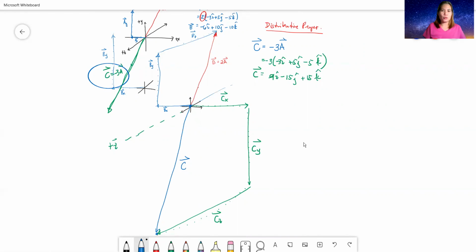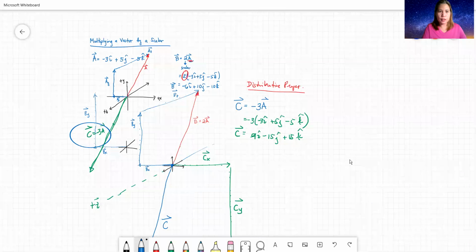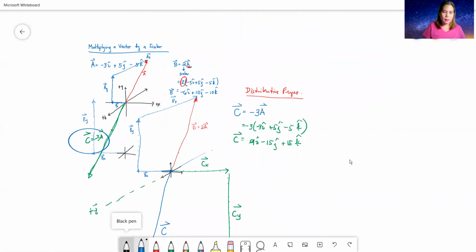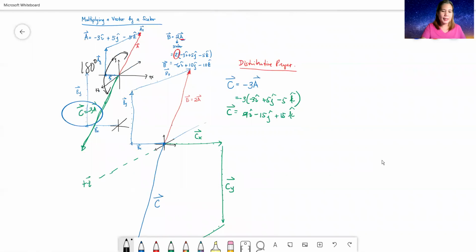So if you connect the two vectors, the original vector A and the tail of that vector C, because of the negative there, you have here a straight line and the angle between them is 180. So please try practicing similar exercises on your own.